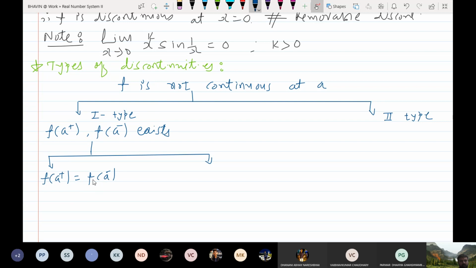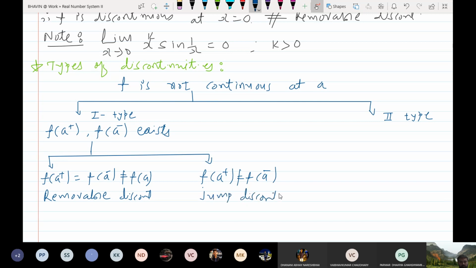If these two are the same and f is discontinuous, what does this mean? This is not equal to f of a. And the second case, f of a plus not equal to f of a minus. The first is known as removable discontinuity, type 1, and this is known as jump discontinuity. The function jumps at point x equal to a.